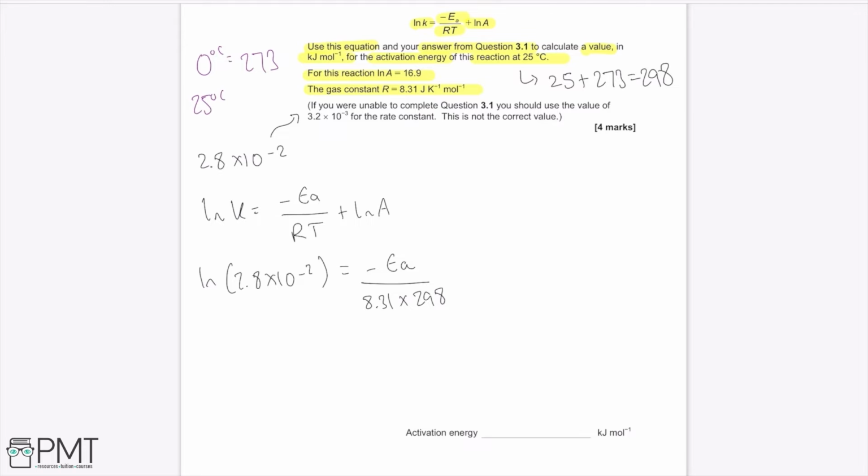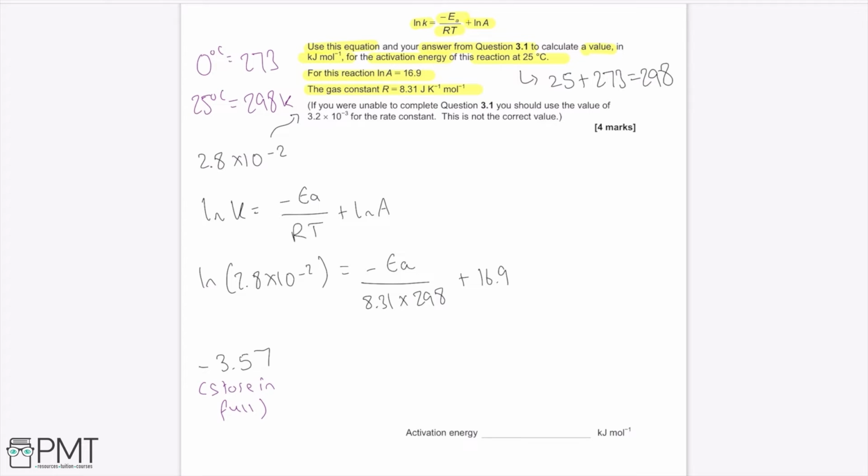And then add our value for natural log of A, which we are told is plus 16.9. So if we then subtract 16.9 from both sides, we will get minus 3.57, which was our value for the natural log of 2.8 times 10 to the minus 2, ensuring that we save this full value on our calculator and don't round.